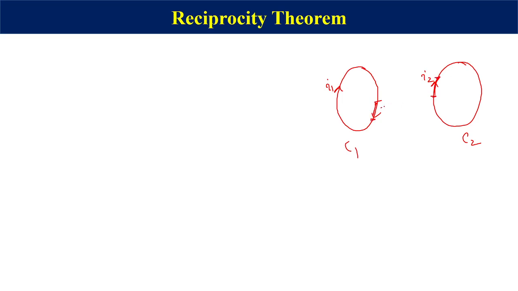Let's consider the distance between the two circuits to be R. This distance is quite long compared to the diameters of these two coils. That means the sizes of the two coils are quite small compared to the length R, and that is the assumption.